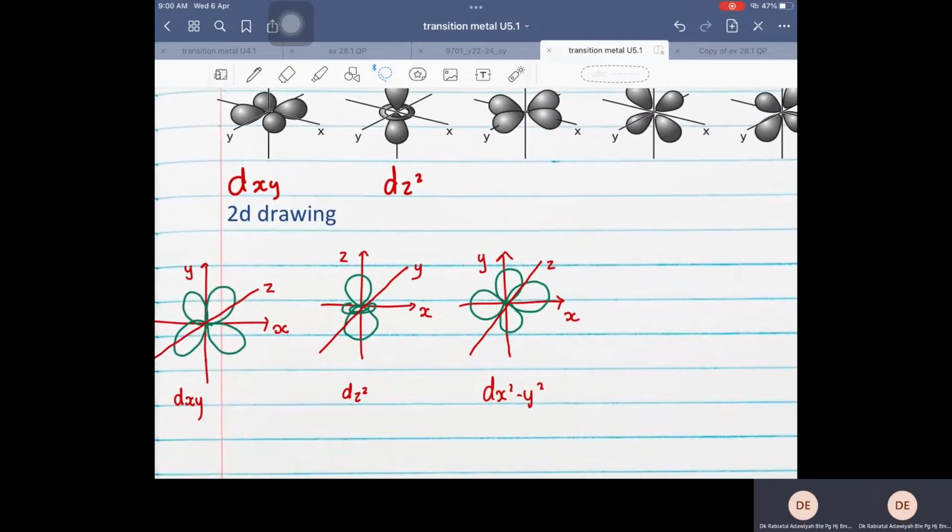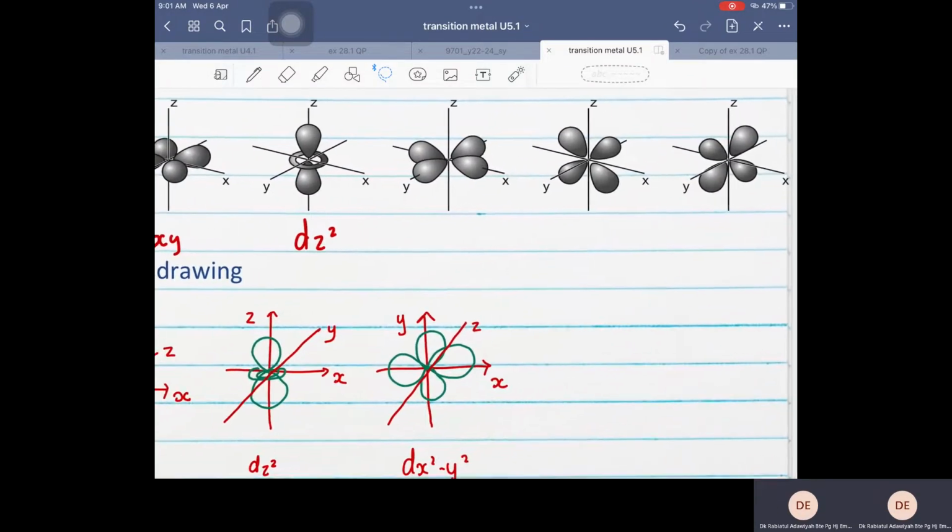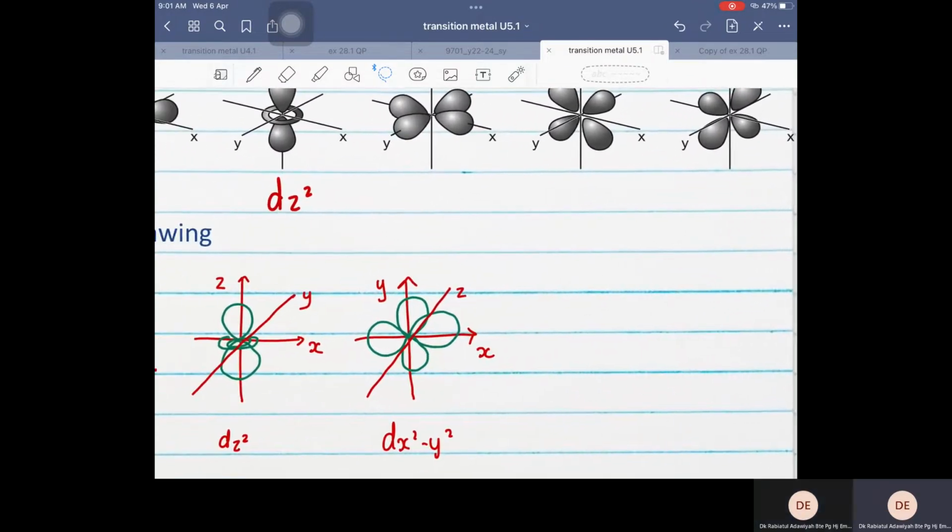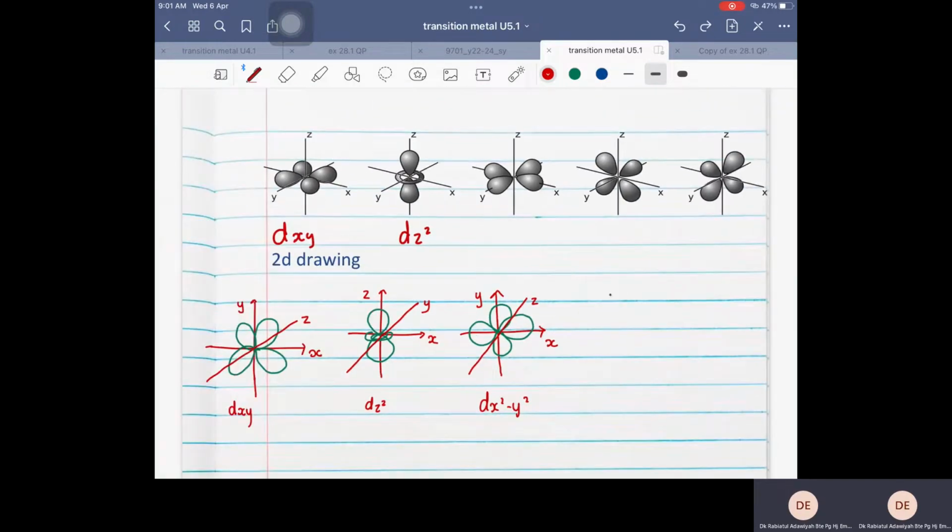Okay, can I follow so far? Okay. Next is xz. So I will prepare the x and z axis. Again, it doesn't matter how you label your x, y, and z.